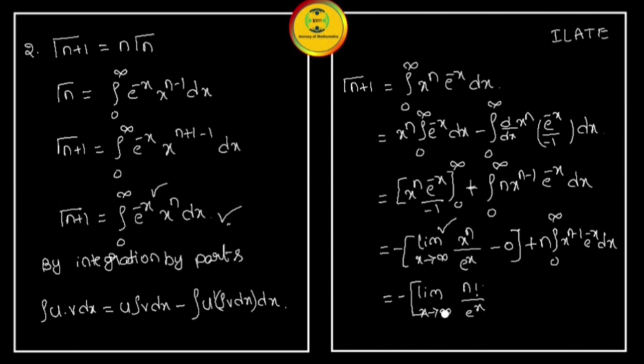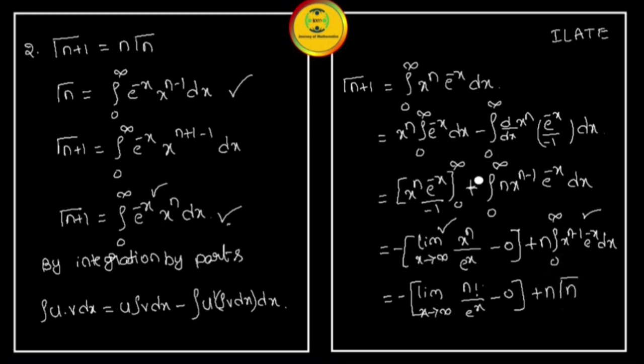Now if I apply infinity in this limit, we get n factorial by infinity. Since we know anything by infinity is 0, that is the reason we apply L'Hospital rule here, plus n into, since if you observe this, this is the definition of the gamma function. So in the place of this integral, I can replace it as gamma of n.